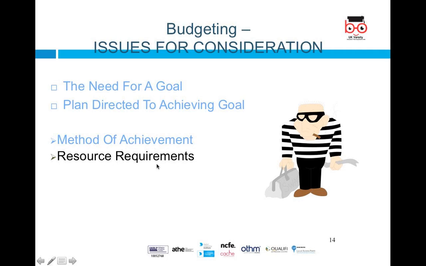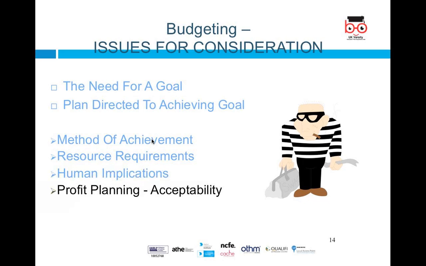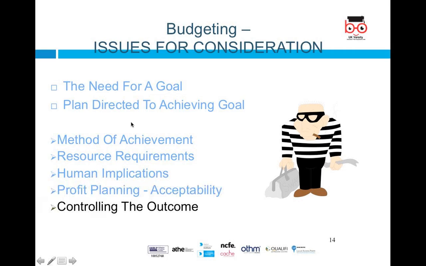For the method of achievement, we need to identify what kind of method, and then identify the resources to achieve that objective. We need to look over the human resources and the human implication of that achievement, and the profit planning, whether it is acceptable or deniable. So these are the different kinds of tools and techniques and issues for consideration to make an effective budget and to direct us to achieving that goal and budget.